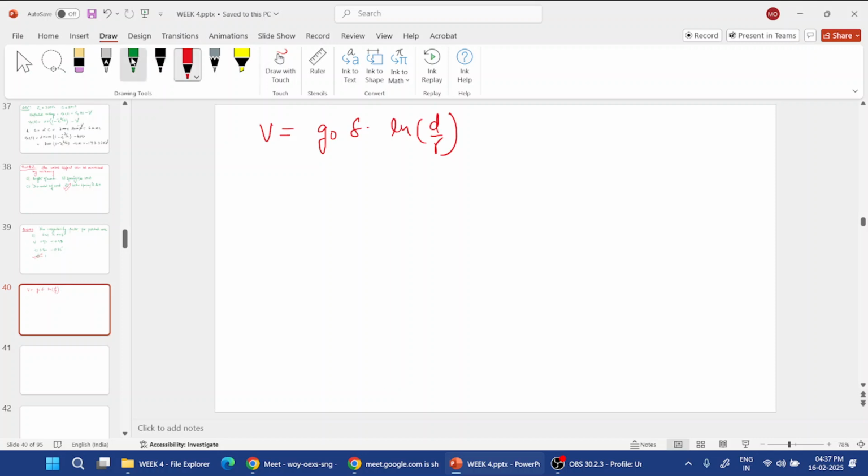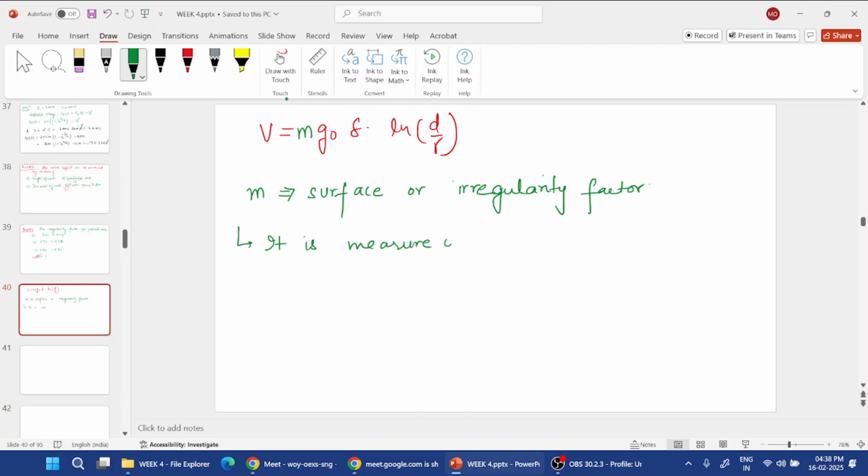But there is another term, known as m, which is generally used. m is the surface factor or irregularity factor. It is a measure of smoothness of the conductor.